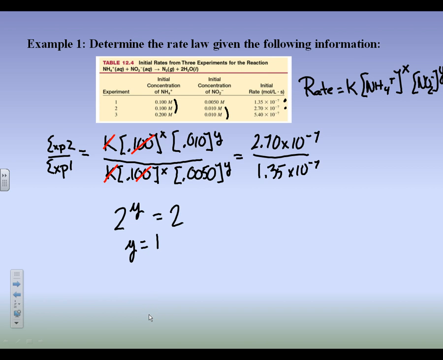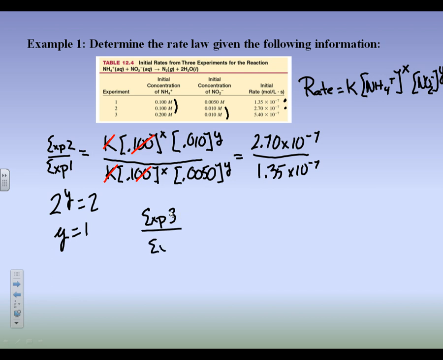Now I got to figure out what x is. So I'm going to pick 2 other experiments to solve for x. I'm going to look at experiment 2 and experiment 3, and set up my rate laws again with experiment 3 divided by experiment 2. Why? Because number 3 is bigger. You can do it in the reverse, it doesn't matter. The math just comes out a little easier for you because it comes out with whole numbers. So what do I have here?